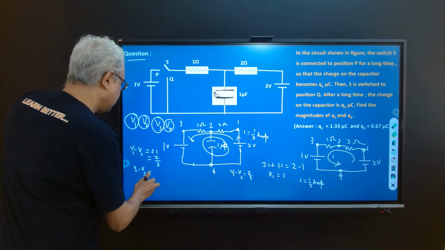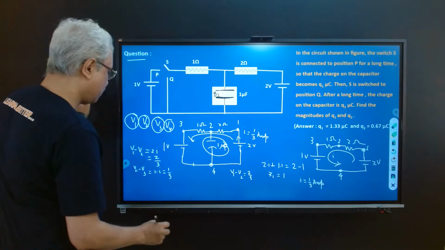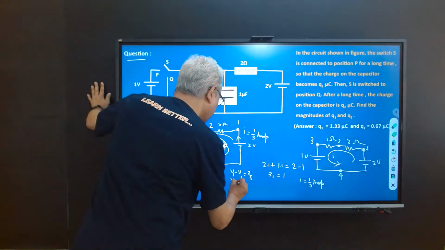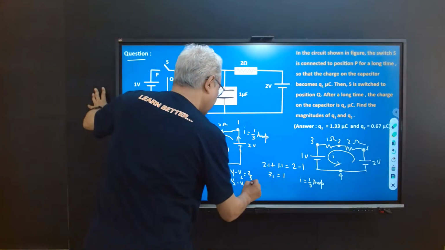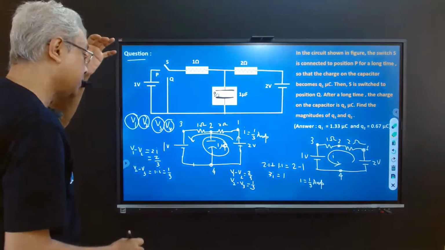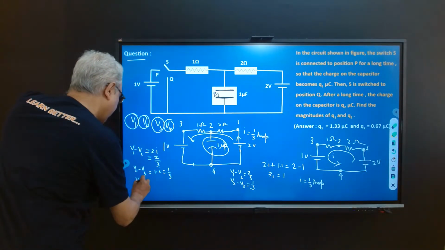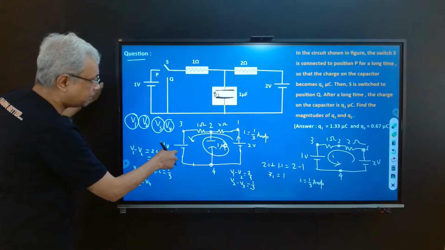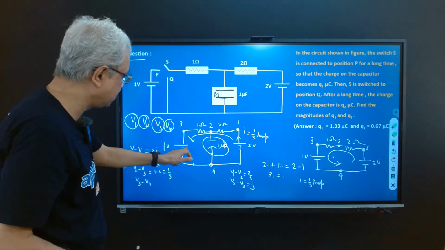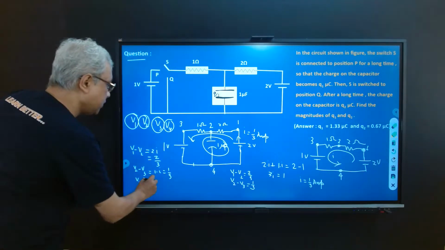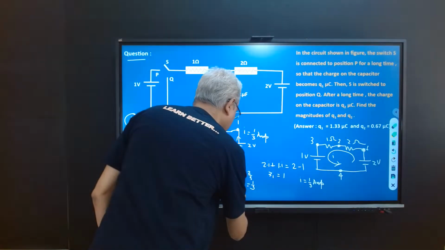V2 minus V3, again Ohm's law, it is 1 into I, so it is 1/3. And V3 minus V4: V3 is connected to the positive pole of this battery, so V3 minus V4 is definitely 1 volt.